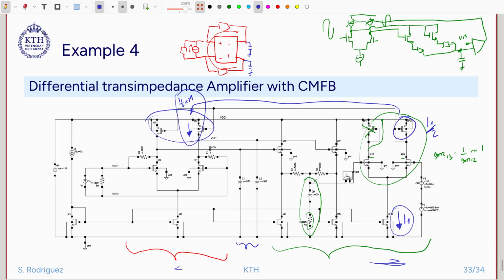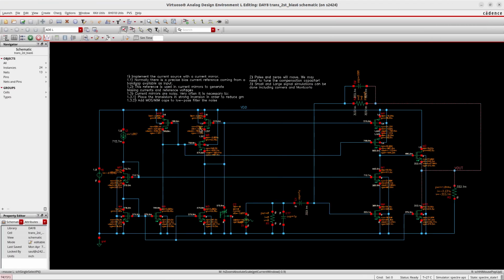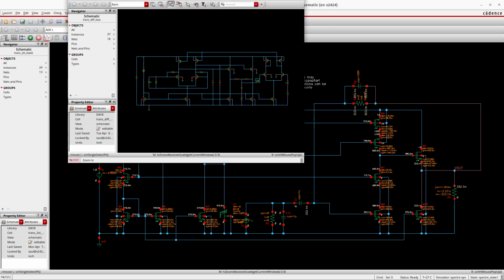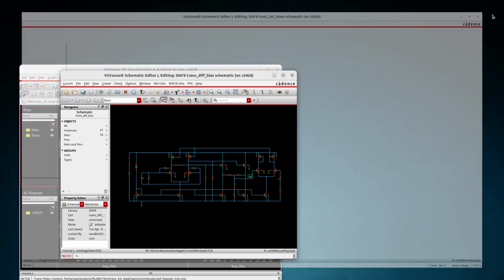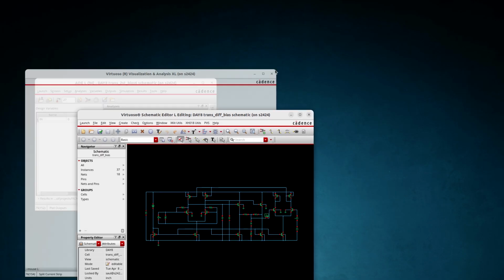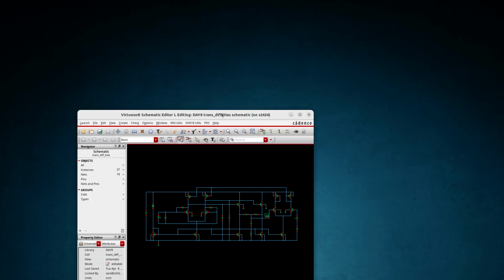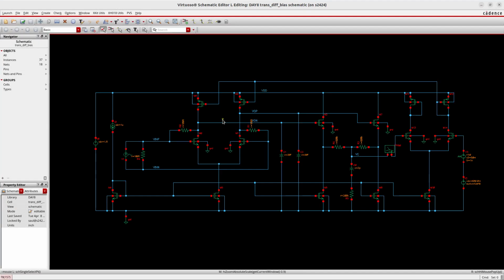So let's take a look in Cadence exactly how this is working. So we have our circuit here.